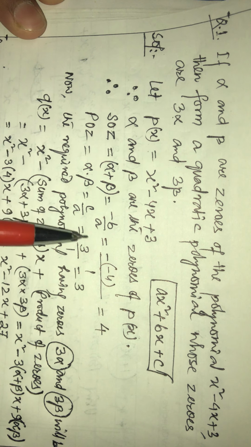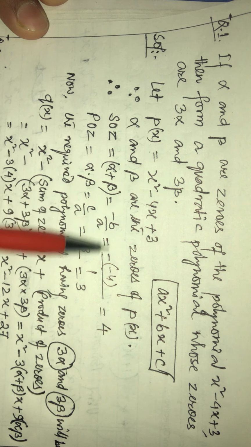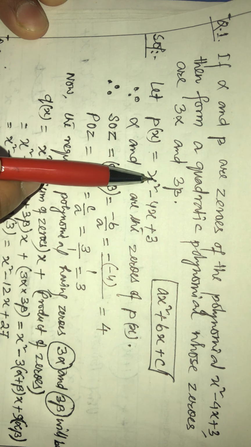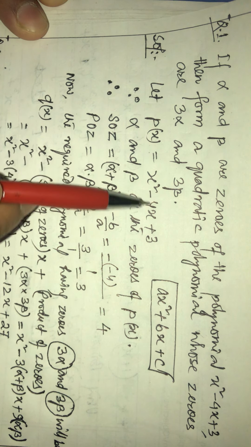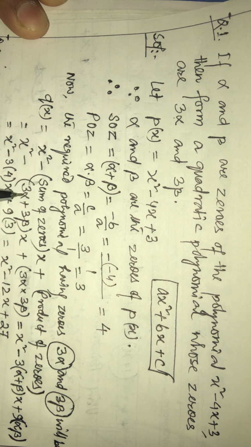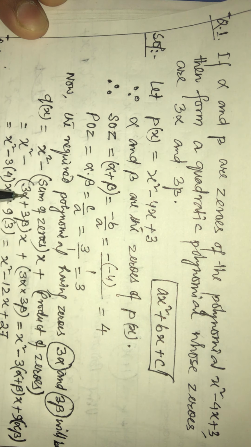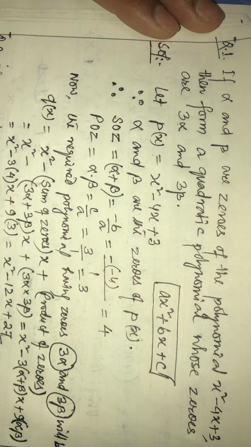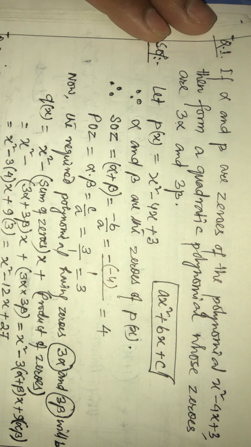As I told you earlier, there is one more way: you factorize the given polynomial, get the two values of x, those will be alpha and beta, and you can substitute those alpha and beta here in this form. You'll get the same thing. So when you sit for practice, you can try that way also.